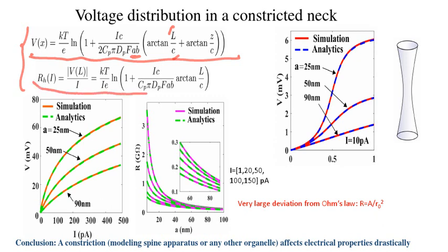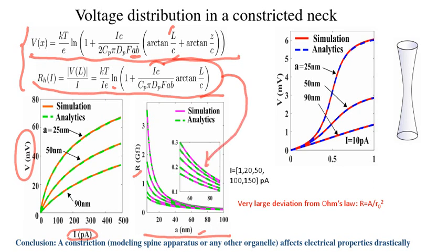How does the resistance depend? Again, it depends on the log of the injected current and the different geometrical parameters that are shown here. This is the voltage as a function of the current, the resistance as a function of A, which is the larger axis of the ellipse. And again, this curve here matches very well the curves obtained by simulation.